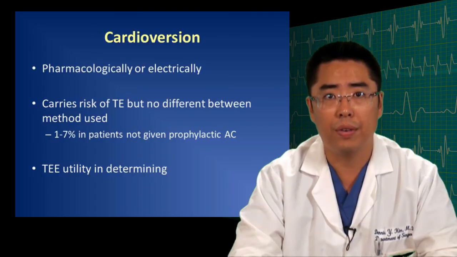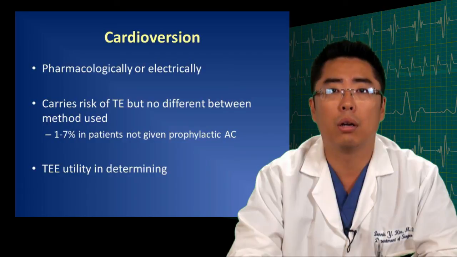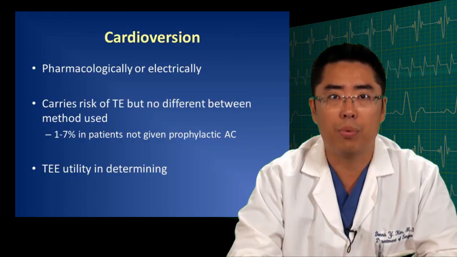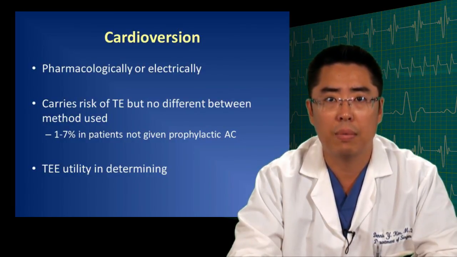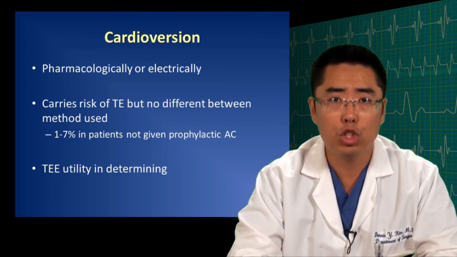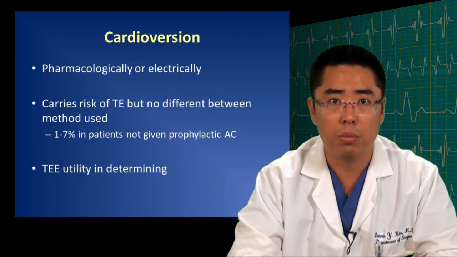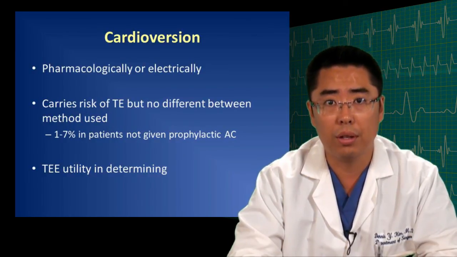Transesophageal echocardiography has been advocated as a means of determining which patients may require anticoagulation prior to cardioversion. The key with regards to anticoagulation for cardioversion is that any patient that has had documented atrial fibrillation or flutter for greater than 48 hours should be placed on anticoagulation for a minimum of 3 weeks prior to attempted cardioversion, and of course, provided that their physiology allows this, this should be followed by a further 4 weeks of anticoagulation.